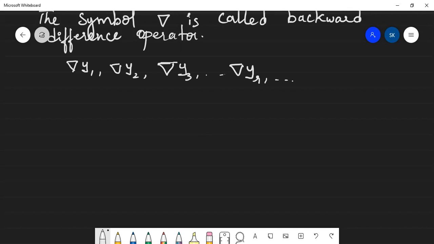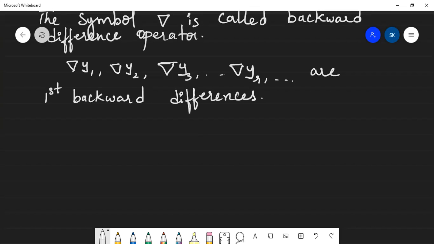What are these? They are first backward differences. Now, how to get the second backward differences?